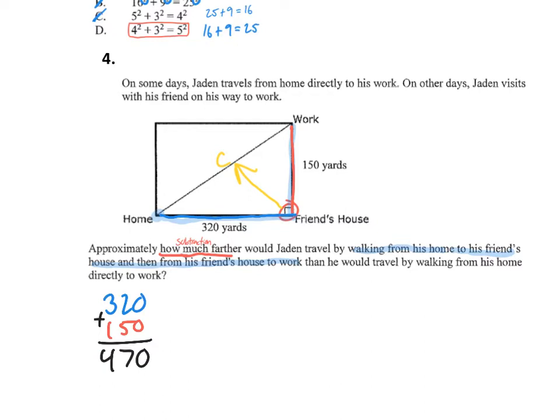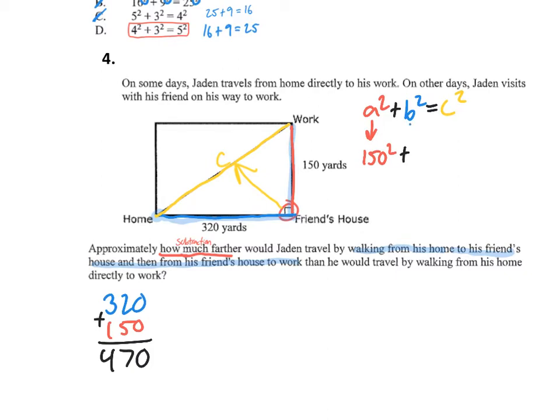Now we want to know how much distance he would save if he walks straight from home to work instead. So we're going to have to solve for that side C first. So I'm going to plug things into the Pythagorean theorem. I've got a squared plus b squared equals c squared. I'm going to plug in my values. A is 150, so I'm going to have to square that one.